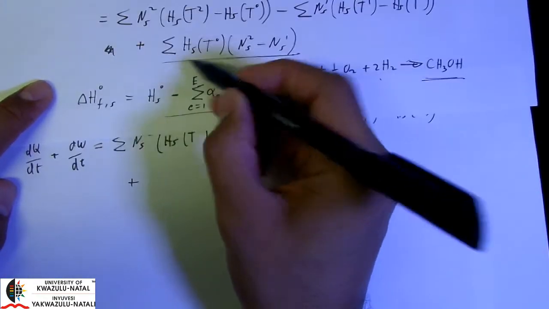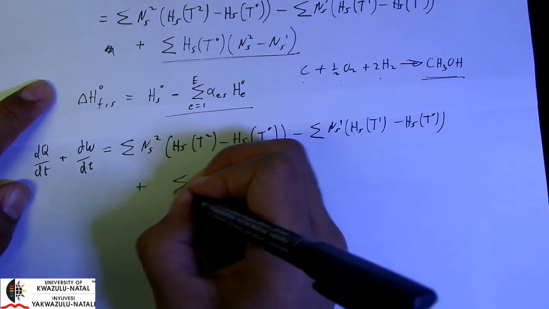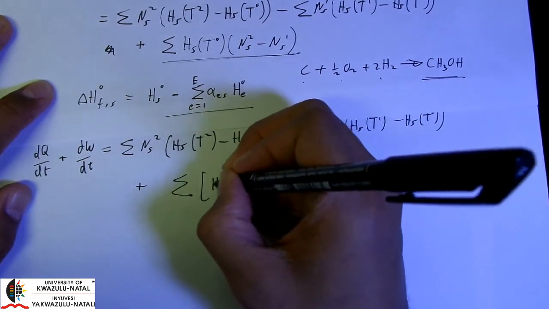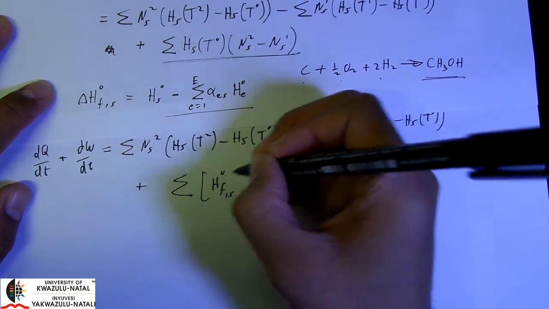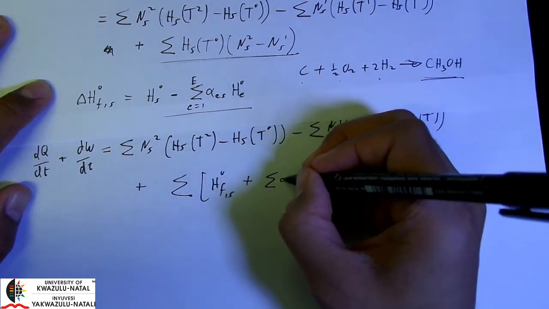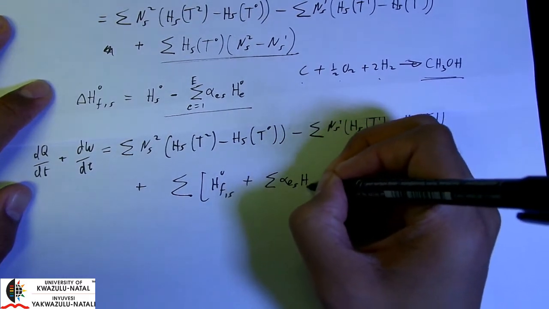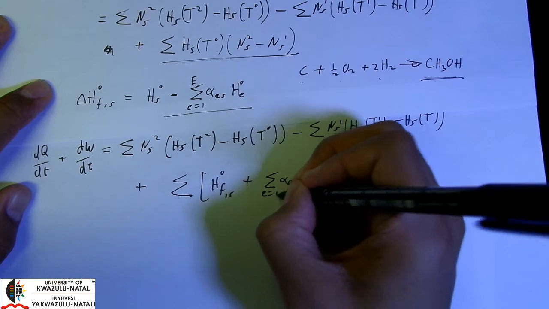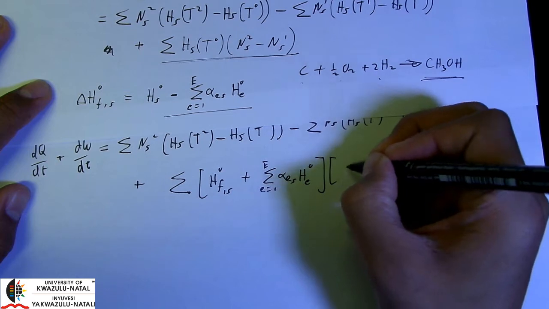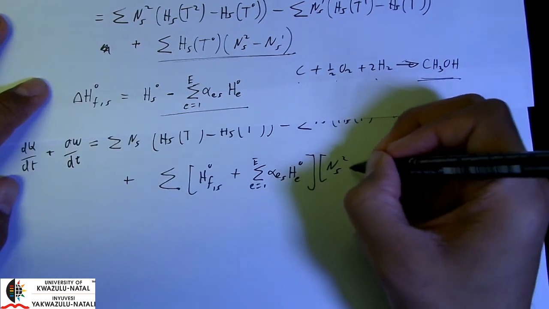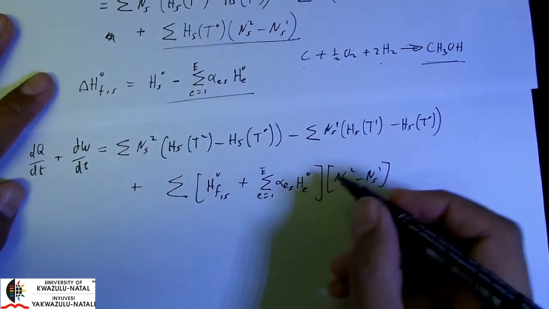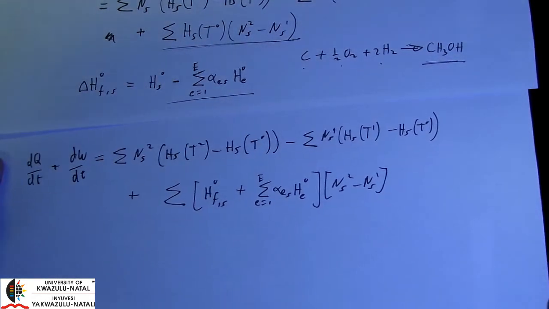Now instead of writing this here, I'm going to write the summation of my heat of formation of each species, multiplied by my production or consumption rate.